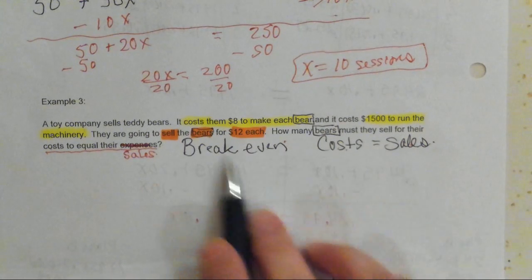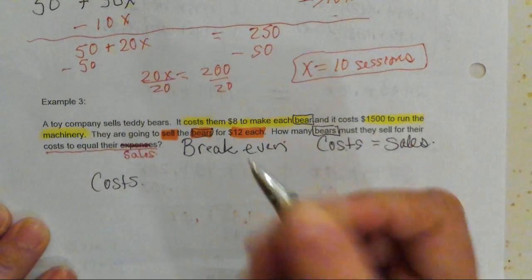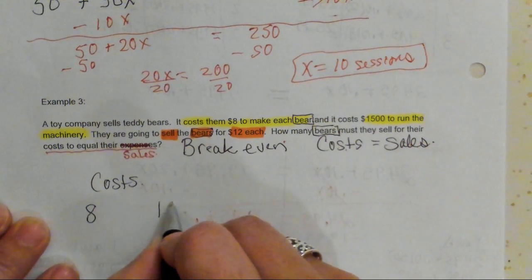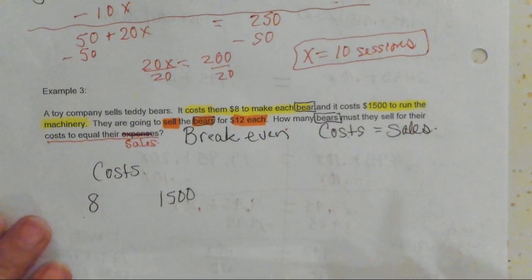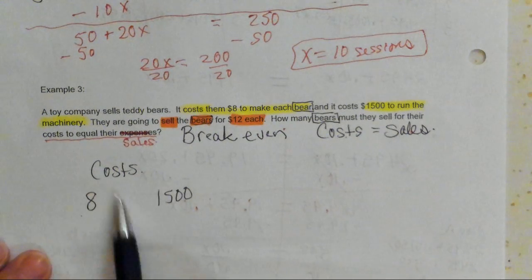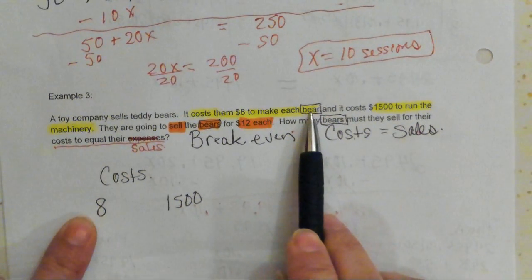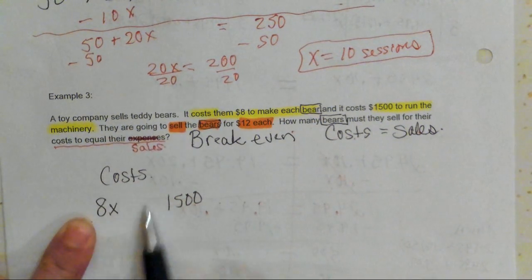So right here, if I look at my costs, I know that my $8 and my $1,500 are the numbers associated with the cost. So now what I've got to decide is this a constant or a coefficient? And because it has to do with bears, and we don't know how many bears, that is the question, that's where my letter goes.